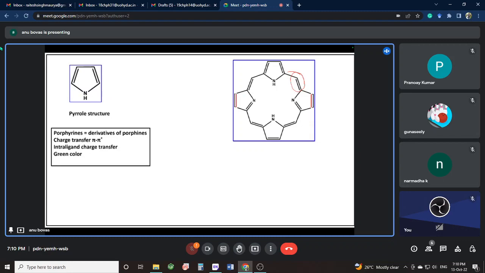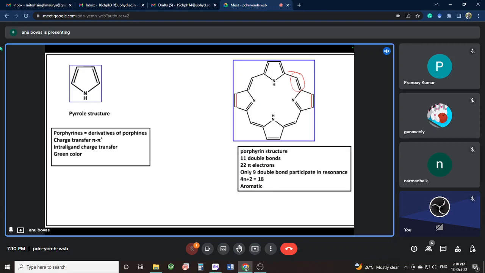So some important things that we should learn are that in porphyrin there are charge transfer, pi to pi star, and intra-ligand charge transfer, and normally it will be green in color. And the important thing is that this class is based on 1 mark questions, 2 mark questions, like that, GATE chemistry, right? So we will be dealing basically with the important points that might be asked in the question, not completely into theory.